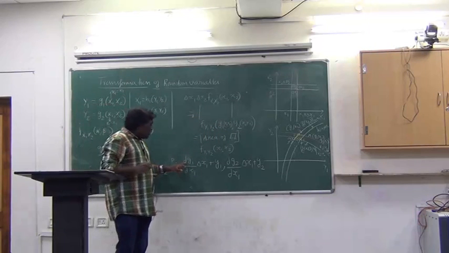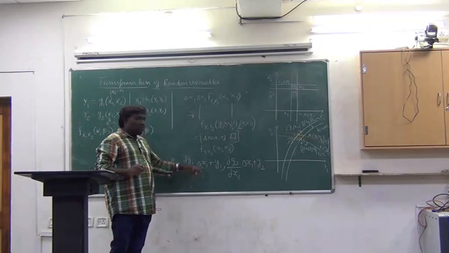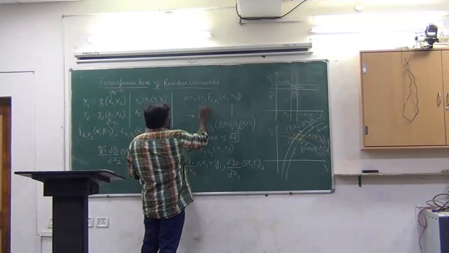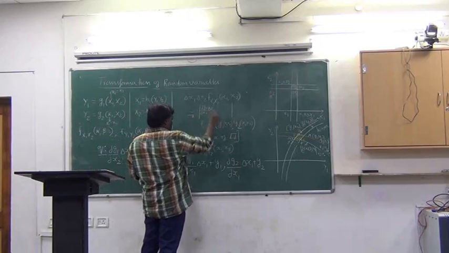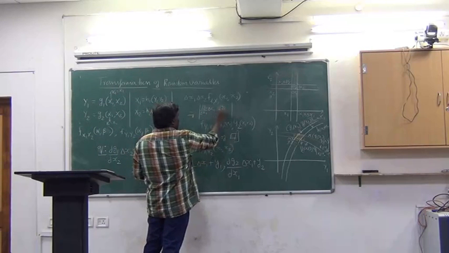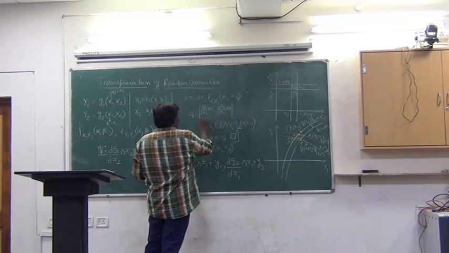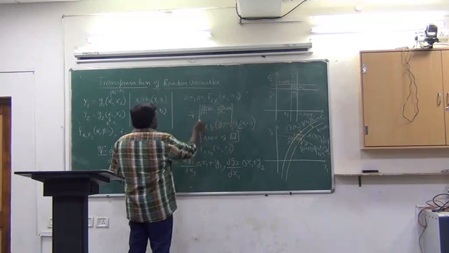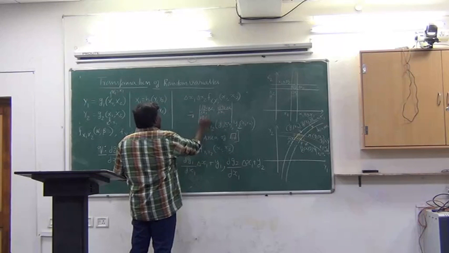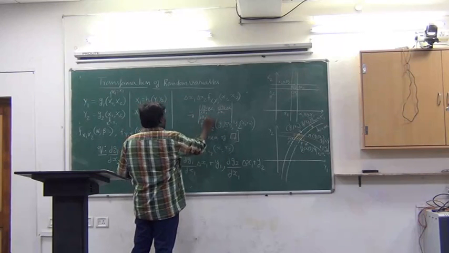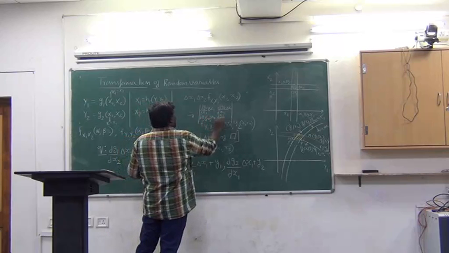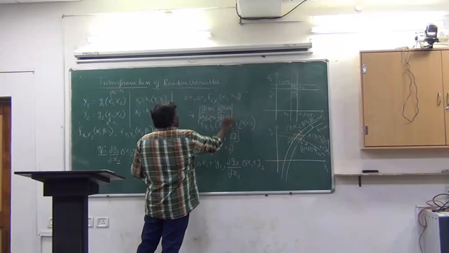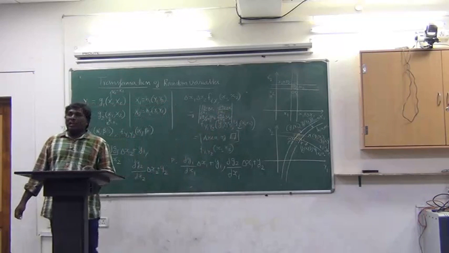So the difference in that coordinate is what? ∂g1/∂x1 into delta x1, right? That I will write here. And this is going to be ∂g2/∂x1 delta x1 here. And then here it is ∂g1/∂x2 into delta x2, ∂g2/∂x2 into delta x2, right?